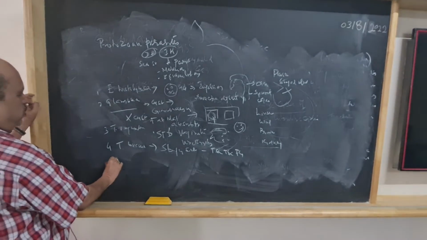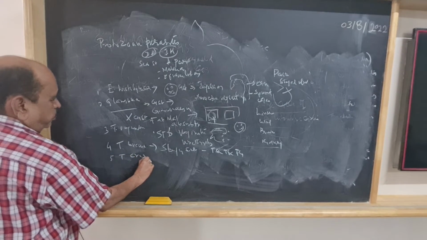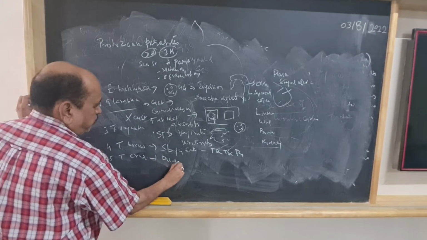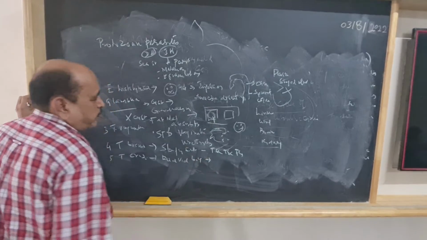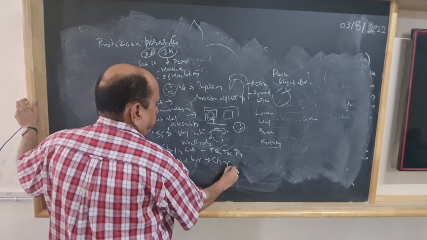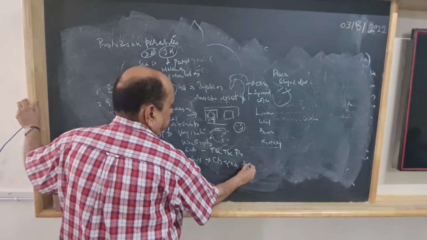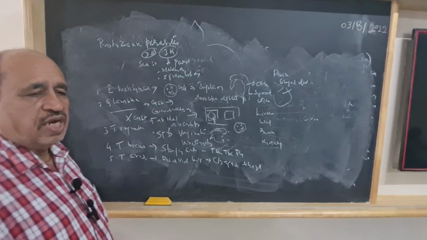Next is Trypanosoma cruzi, transmitted by the reduviid bug. It gives rise to Chagas disease.